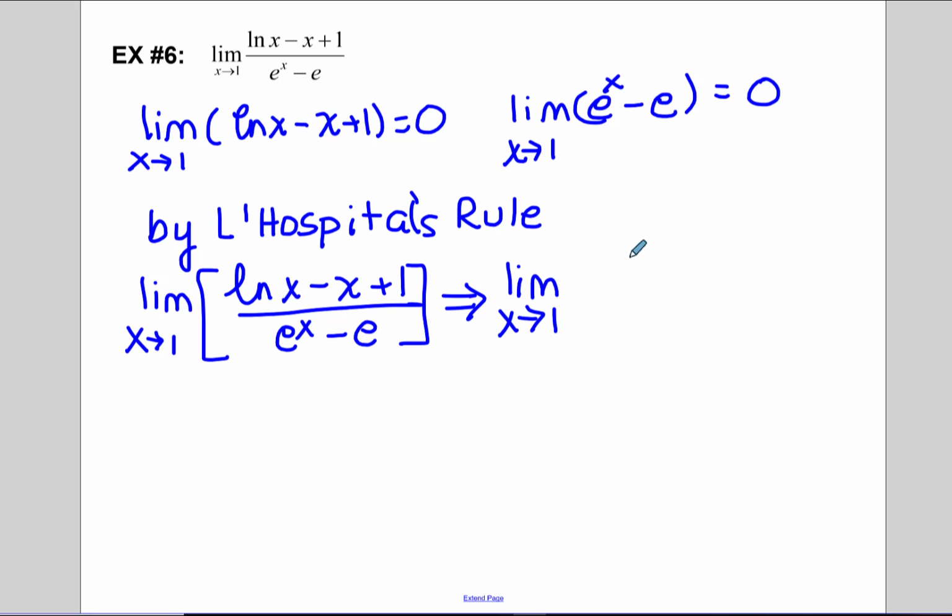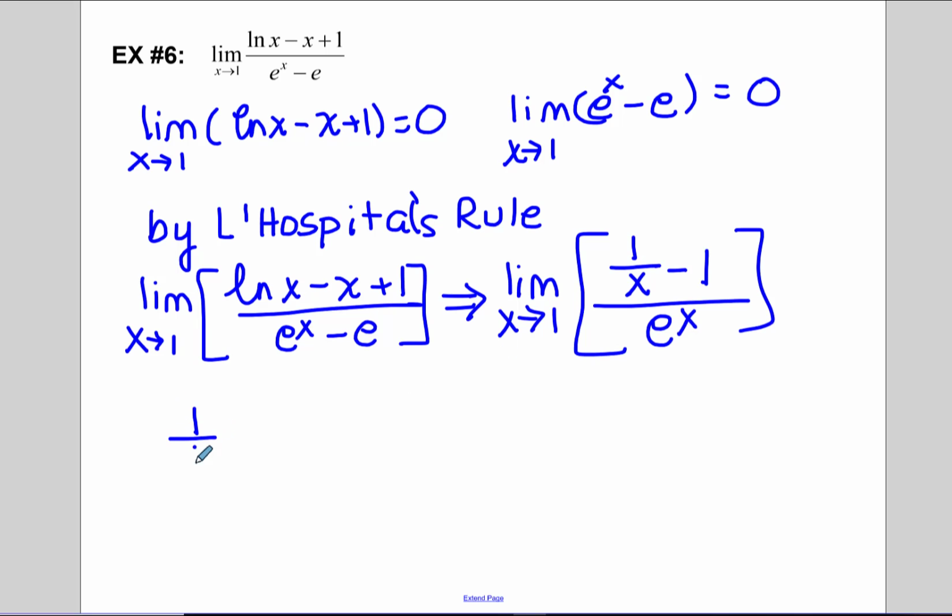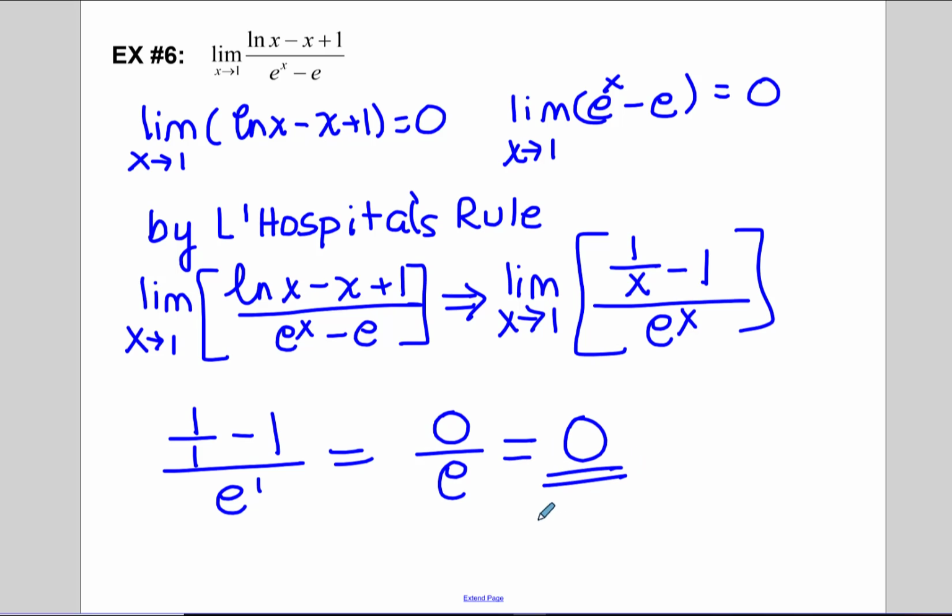The derivative of the numerator is 1 over x minus 1, and the derivative of the denominator is e to the x. Then substituting, we have 1 over 1 minus 1 over e to the 1, so that's a 0 over e, and 0 divided by e is 0. So this one was easier.